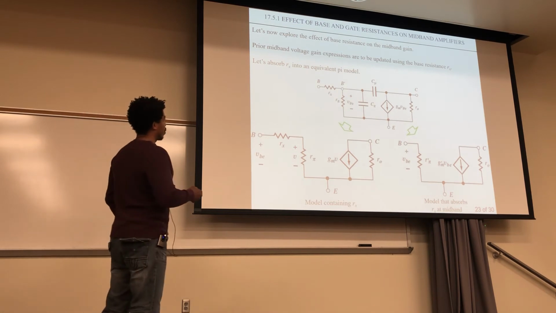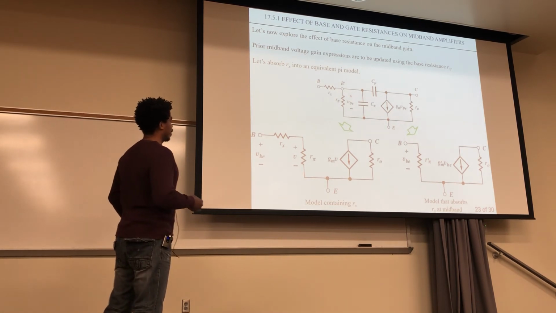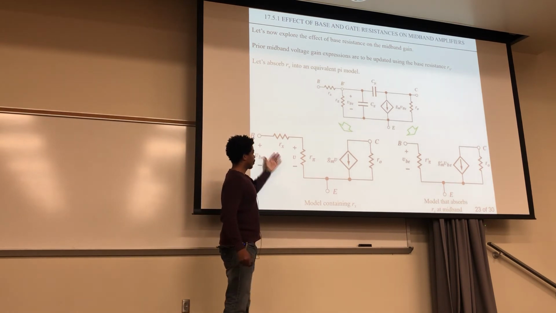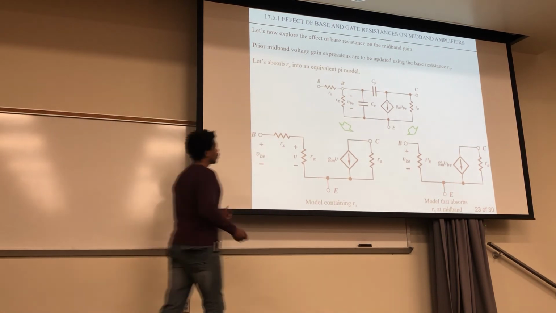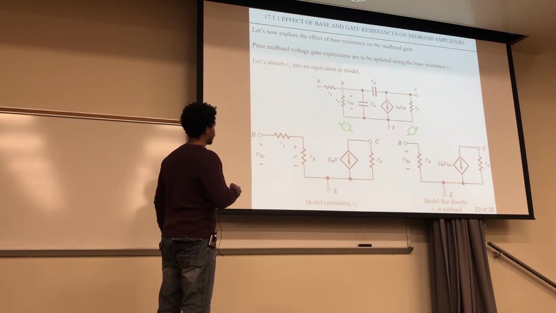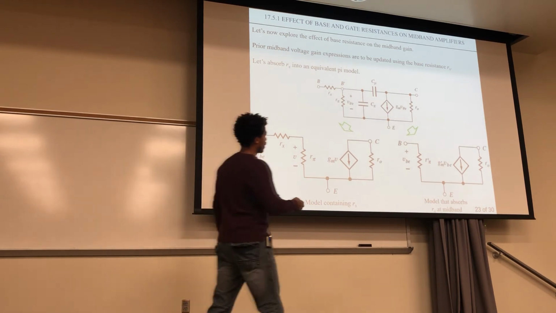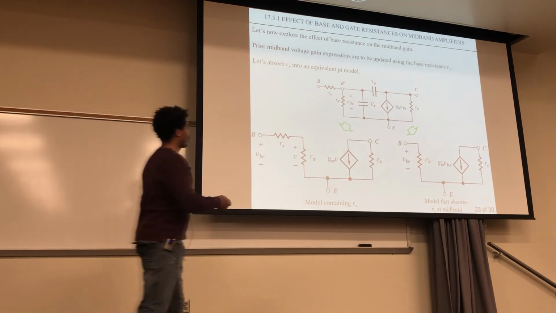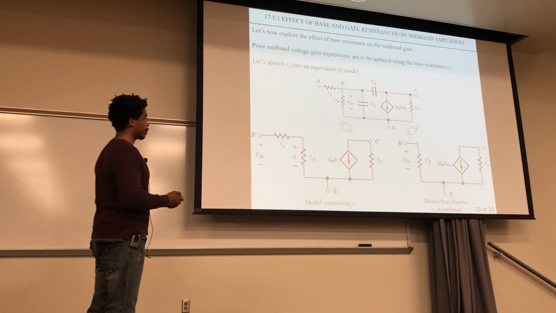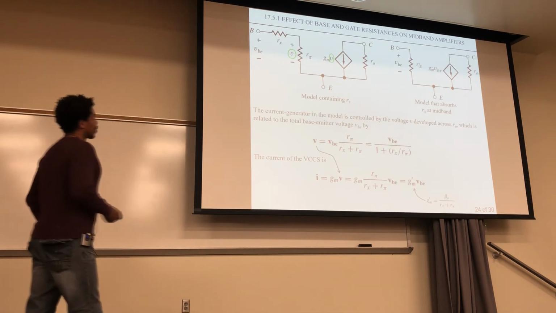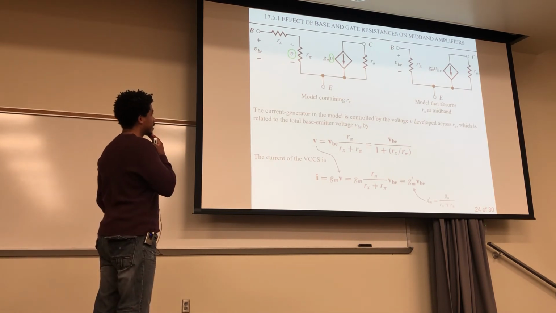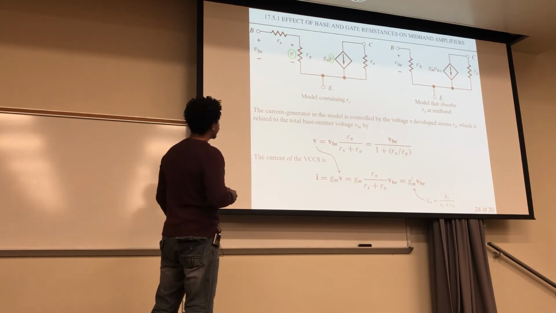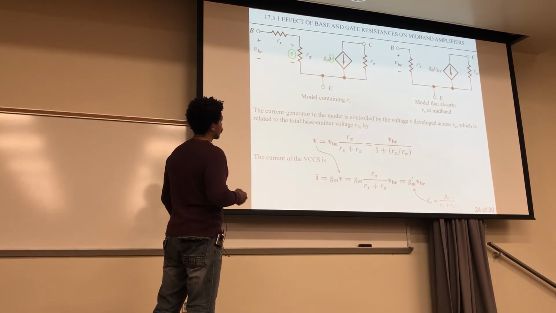Or we can absorb this Rx into our R pi and also the transconductance. That's why this R pi has a prime, and the transconductance gm also has a prime. They're slightly different variations from these over here. The current generator in the model is controlled by the voltage V developed across this R pi, and that's related to the total base-emitter voltage VBE.